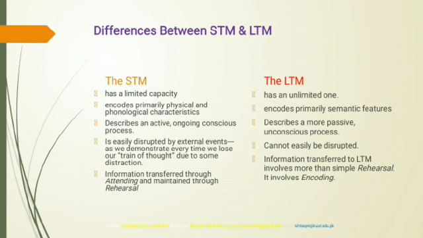Active means immediate awareness, things which are part of our immediate consciousness. Whereas long-term memory describes a more passive, unconscious process. Unconscious means long-term memory has things which happened and were stored in our mind long ago, and we can retrieve them sometimes with the help of a stream of thought, stream of consciousness.